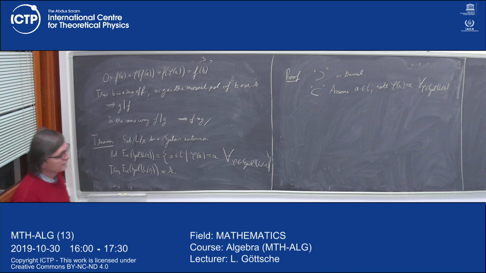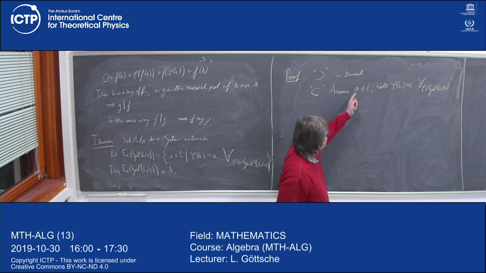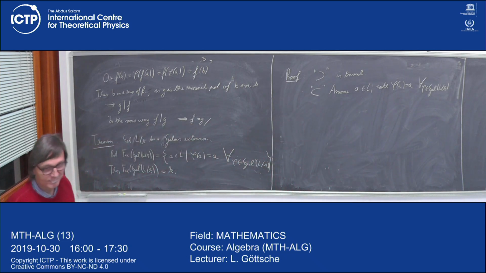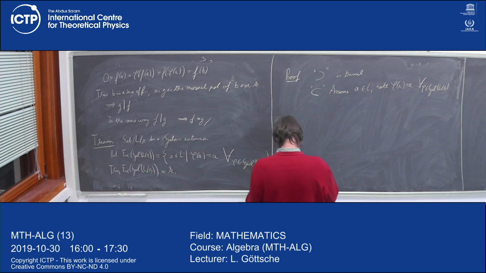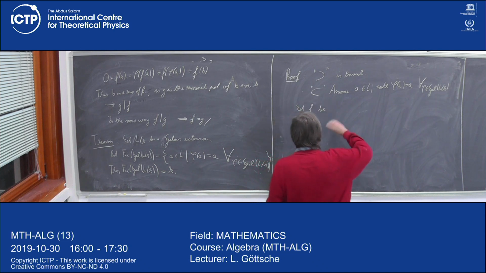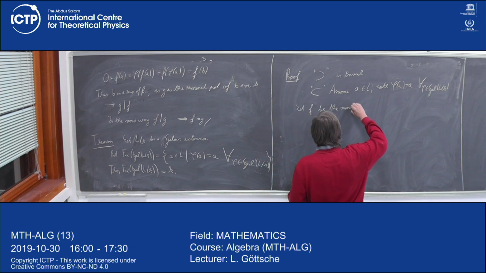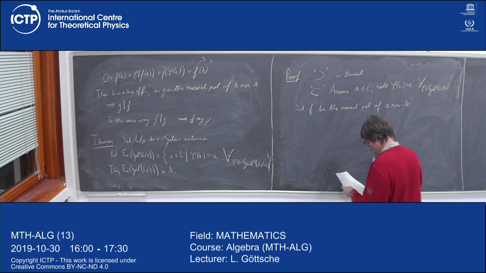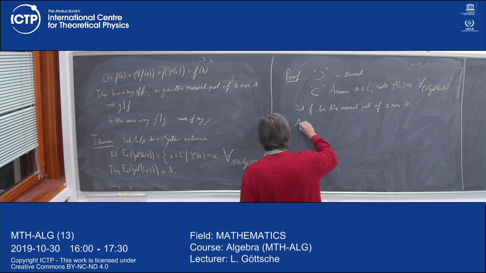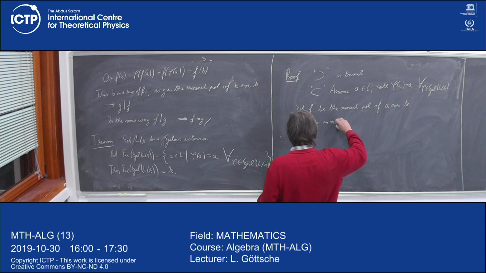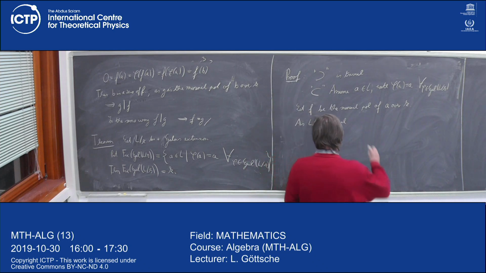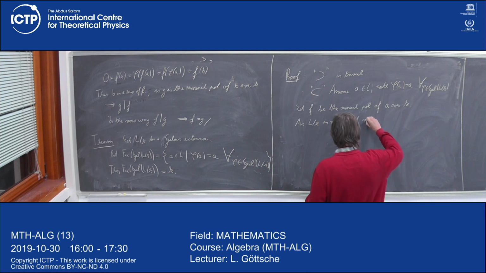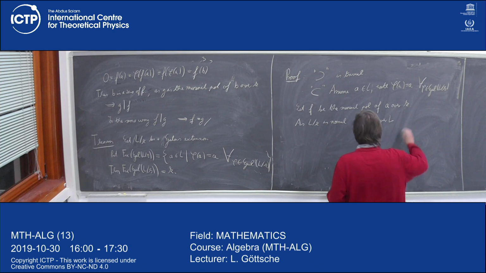We want to use the previous result to show that the minimal polynomial of A over K is x minus A. So let F be the minimal polynomial of A over K. As L over K is normal, we know that F splits over L into linear factors.